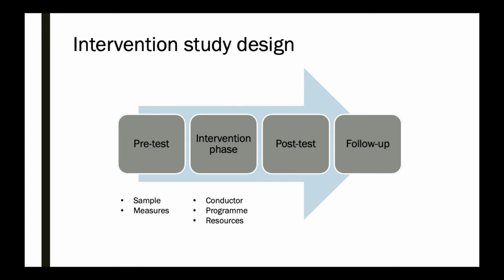The conductor follows carefully the program instructions, which also define how many times intervention is given. Often some extra resources might be needed, for example at school, the person who is conducting the intervention, and also materials for the actual intervention program.